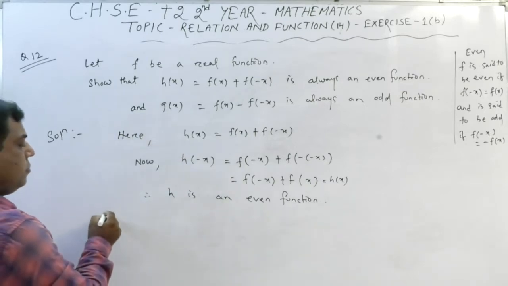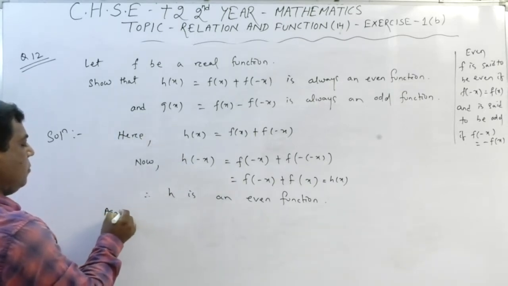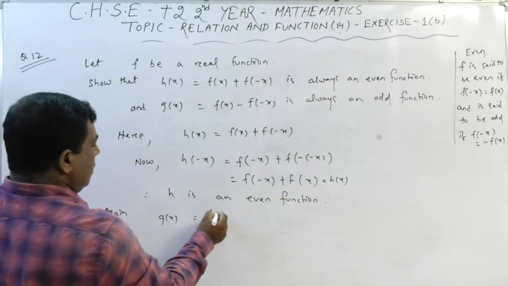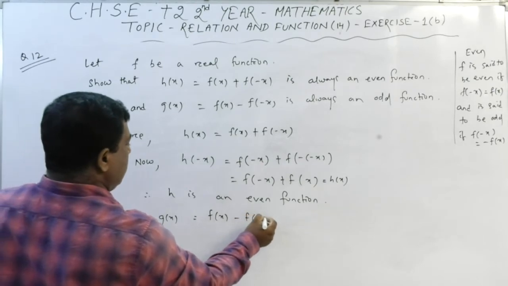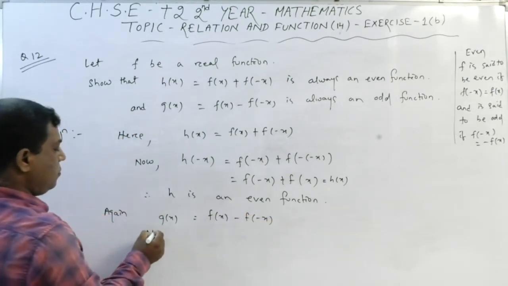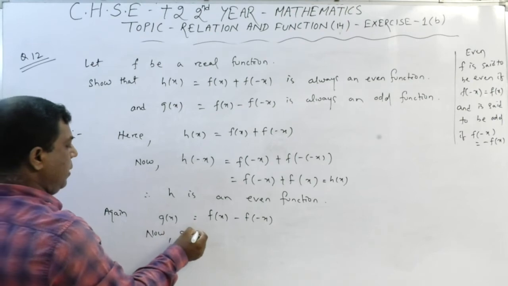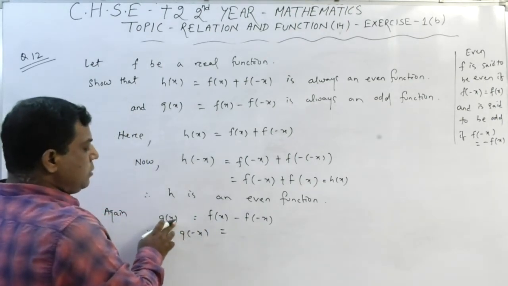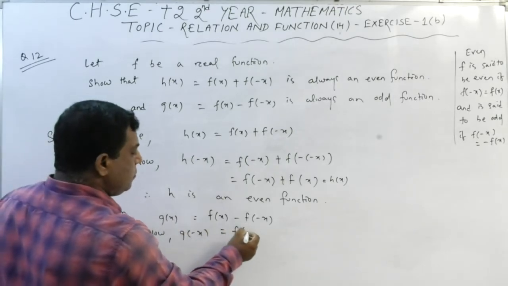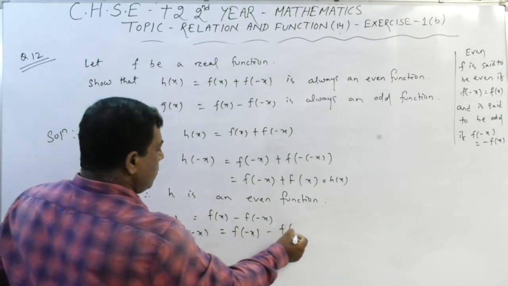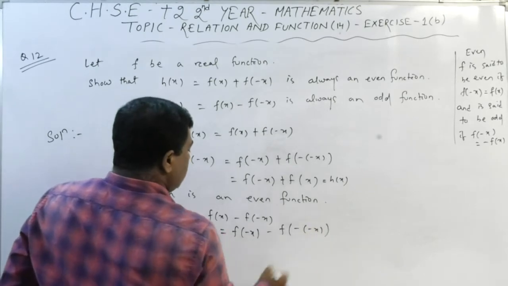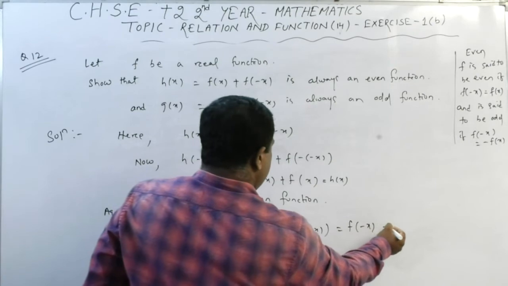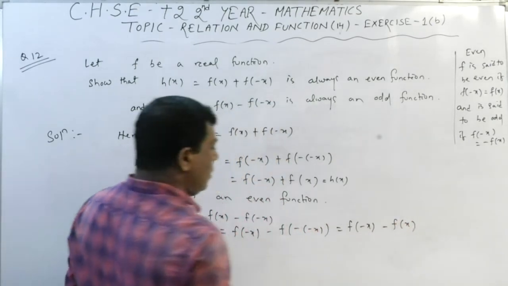Now g of x is equal to f of x minus f of minus x. To check the even or odd nature of g, we replace x by minus x. So I get f of minus x minus f of x. Clear?